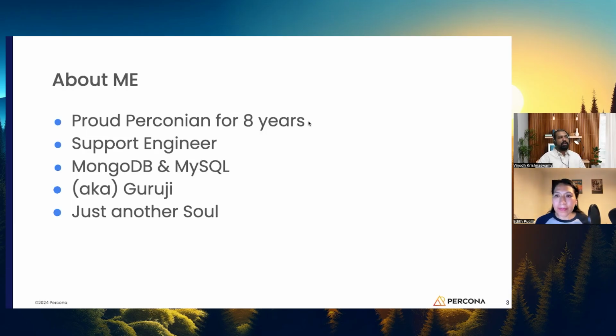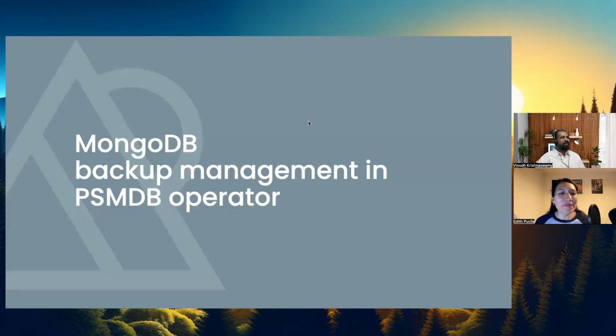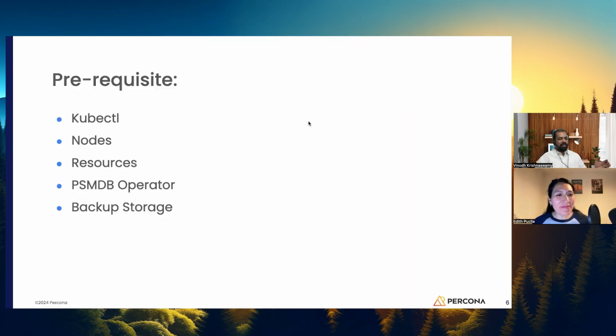As I said, we are going to see about the backups and restore of the Percona Operator for MongoDB. As usual, we have the prerequisites: kubectl installed, nodes and resources available, operator files and YAML files, and backup storage.